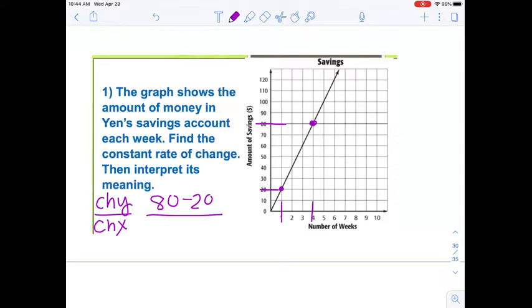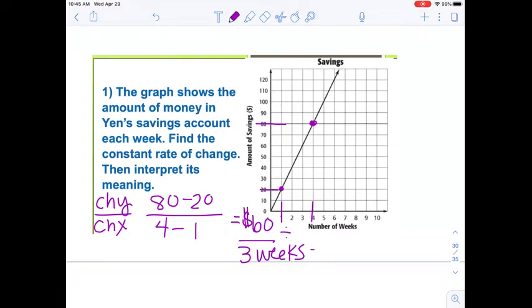Then for my change in x values, I have 4 and 1. Since I started with 80, the 4 corresponds with 80, so I have to start with my 4. 4 minus 1. Now I'm going to simplify this. So 80 minus 20 is 60, and that's going to be dollars. Over 4 minus 1 is 3 weeks.